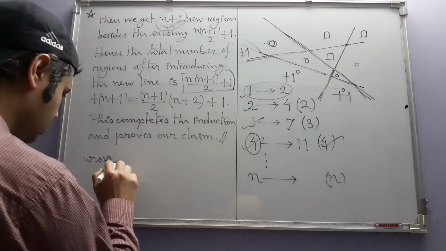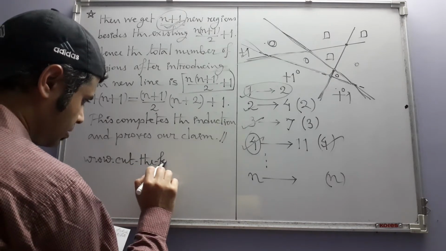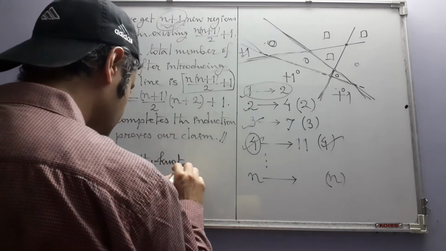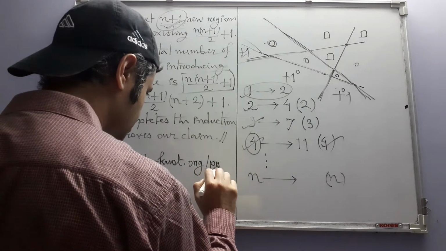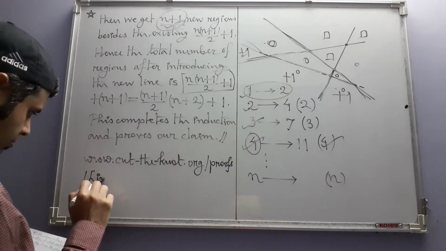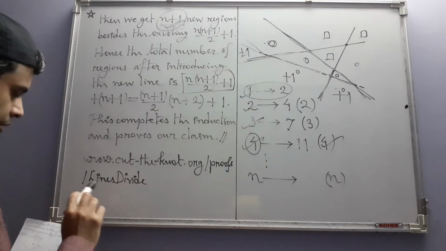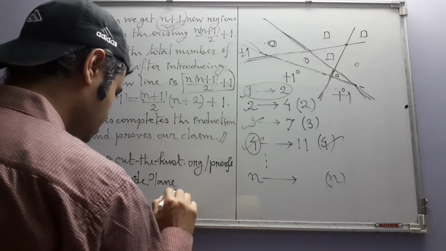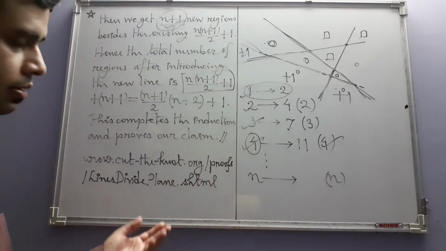So what is the URL? Cut-the-knot dot org slash proofs slash Lines Divide Plain dot html. These are not underscores, okay, these are dashes. It's without any gap, and it's case sensitive, so capital L means capital L. Okay, you visit this web page and there you will see many things.